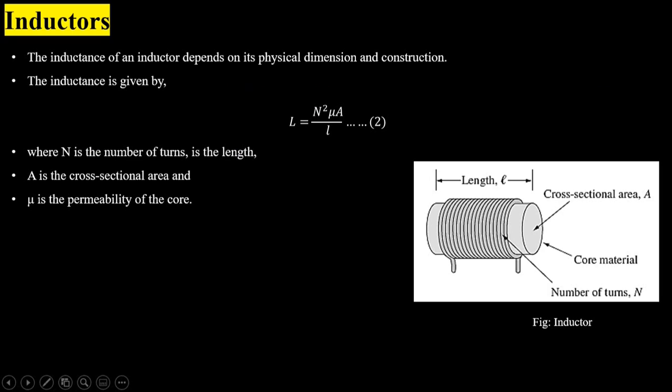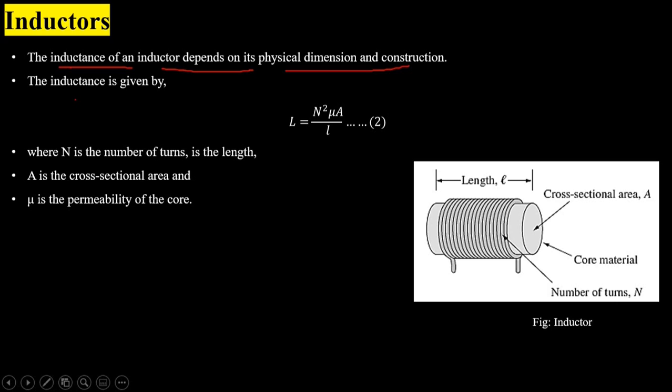Just like the earlier passive elements like resistor or capacitor, we come to know that resistance of a resistor or capacitance of a capacitor both depend on the physical dimension and construction. Likewise, inductance of an inductor also depends on the physical dimensions and construction.